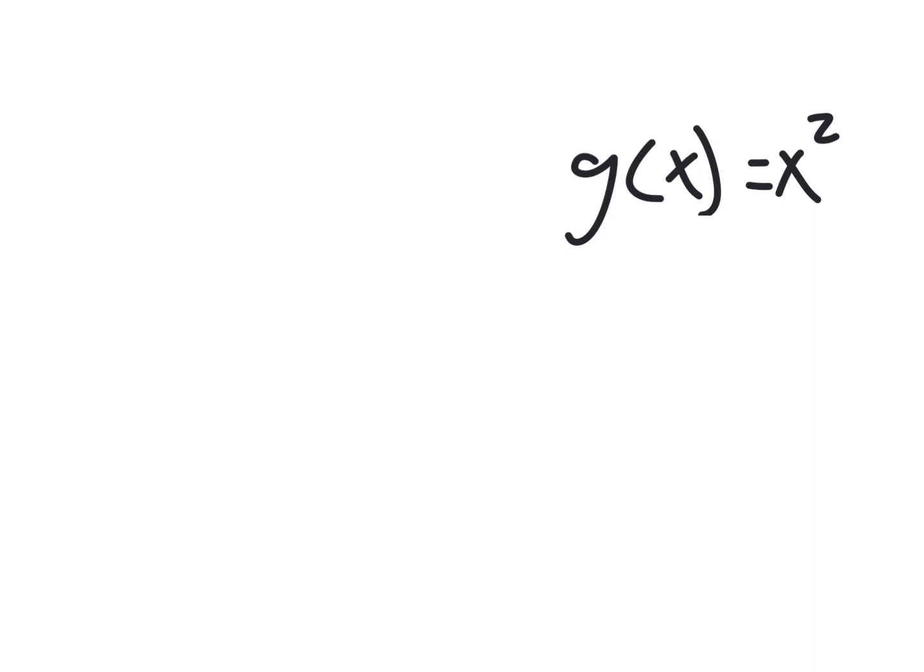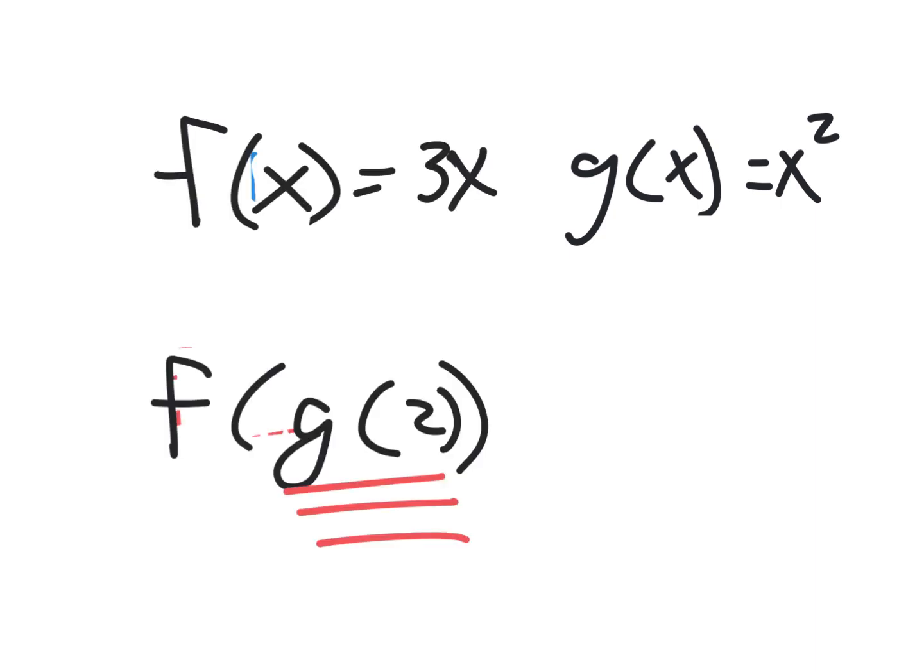I'm sticking 2 in there. And what do you get when you do g of 2? Brady, stay with me. G of 2 is 4. Okay. You get how I got that? I stuck the 2 in here. G of 2 is 2 squared, so 2 squared is 4.